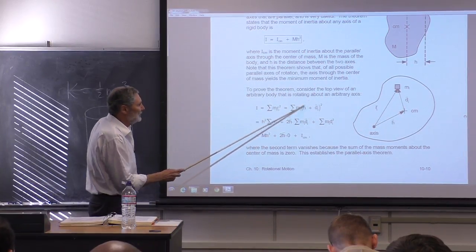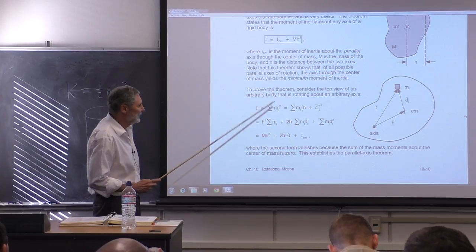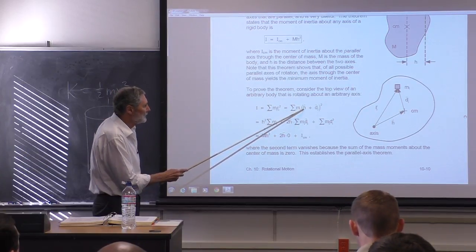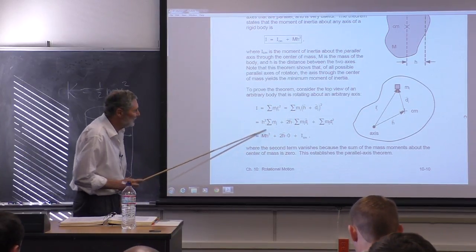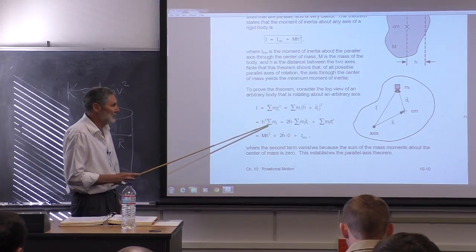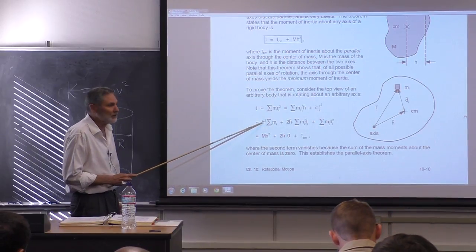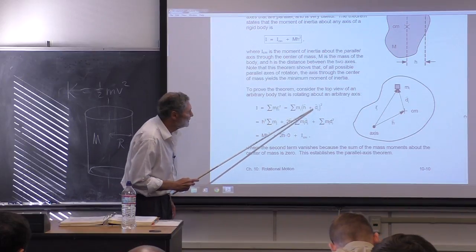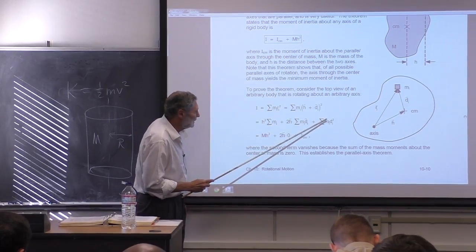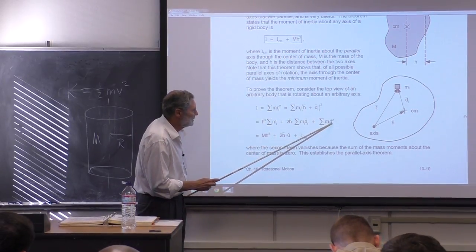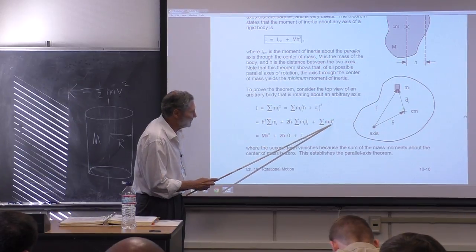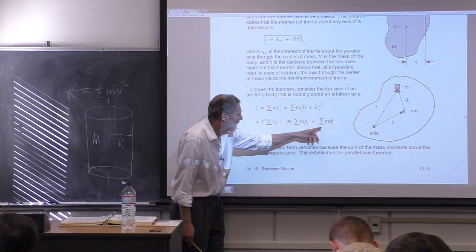Now you can square this and you get three terms. You get the h squared term, because that's constant, it comes outside the sum, and we just have the total mass times h squared. The third term, similarly, is the mass times d_i squared. We can't take d_i out because it depends on i.